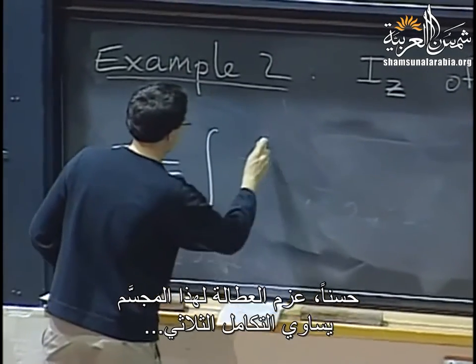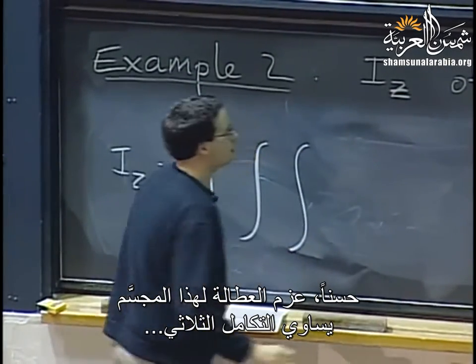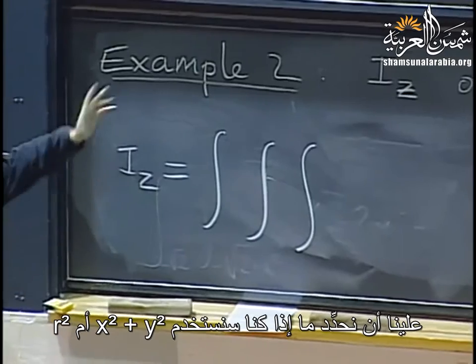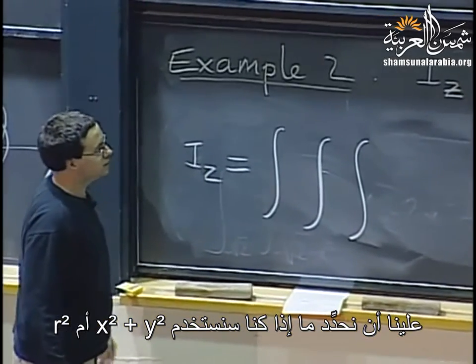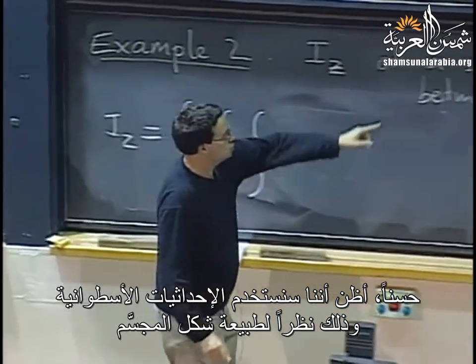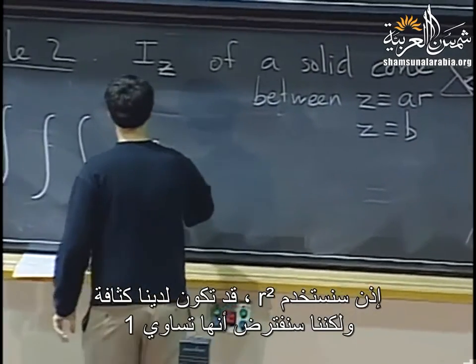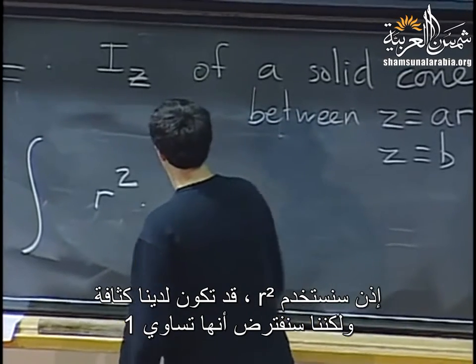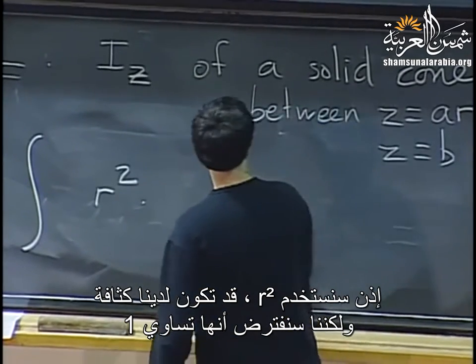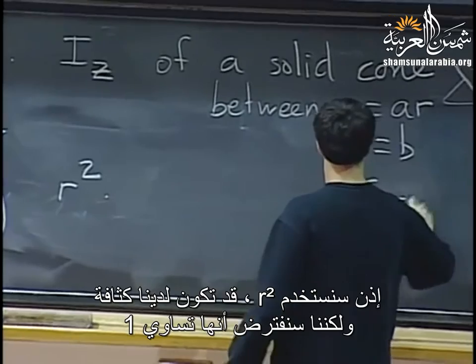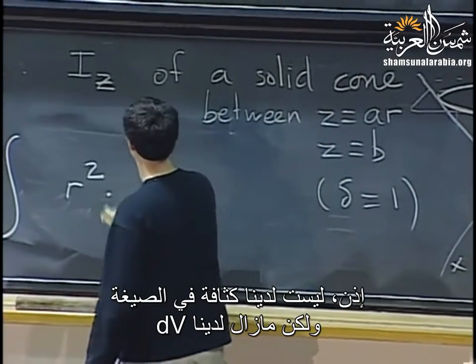Well, that's the triple integral of, we have to choose x squared plus y squared or r squared. I think I want to use cylindrical coordinates, given the shape. So we'll use r squared. I might have a density, but let's say the density is 1. So I don't have density.